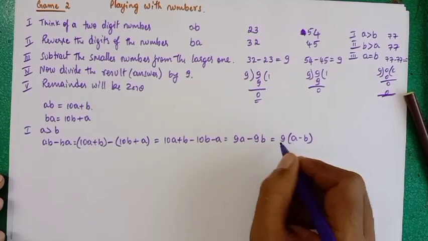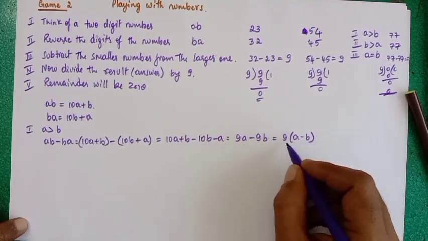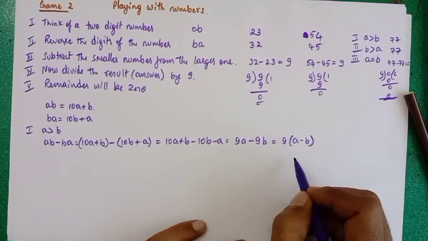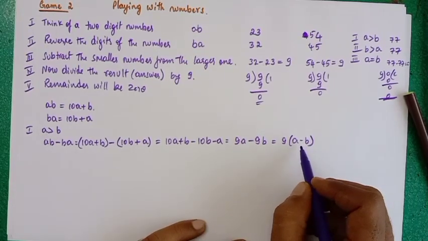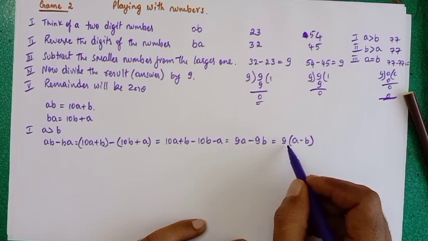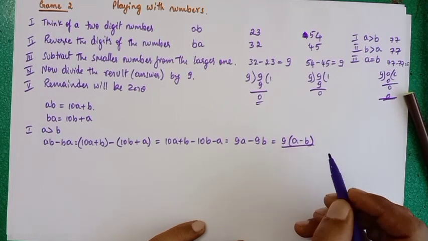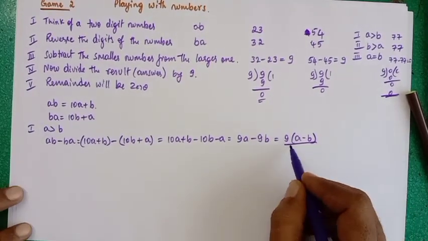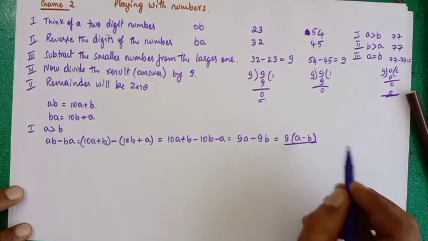So it is a multiple of 9. The result you get here is a multiple of 9, so you will get 0 as the remainder.